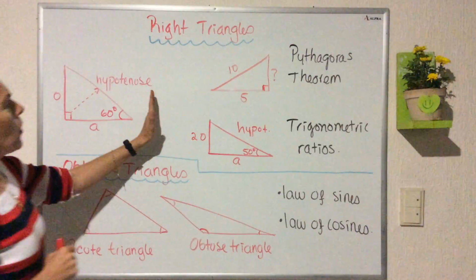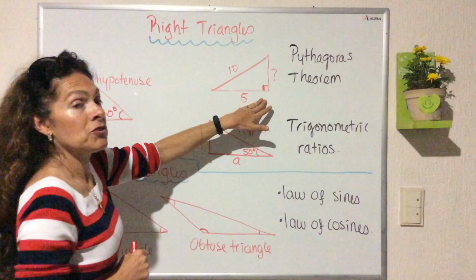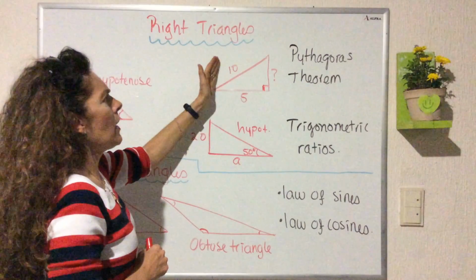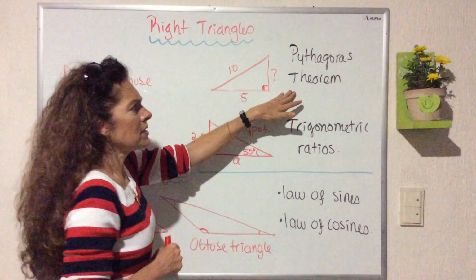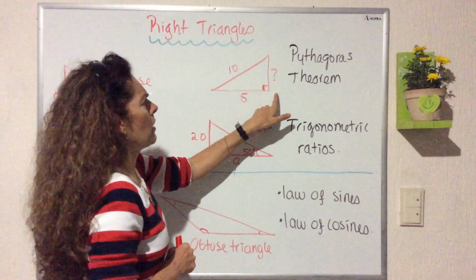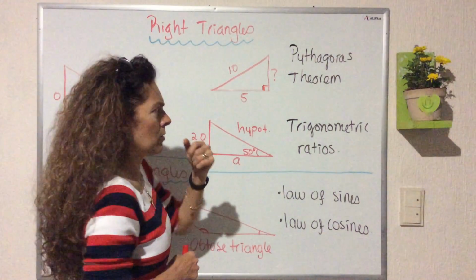We also learned that if we work with a right triangle, and we have the measure of two sides, we can use the Pythagoras theorem to find the measure of the third side, okay?